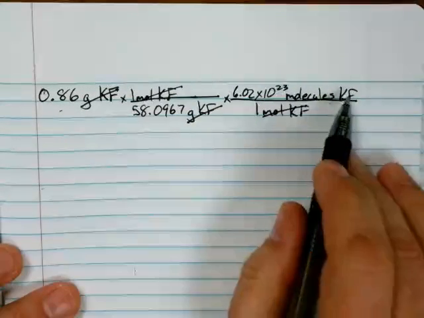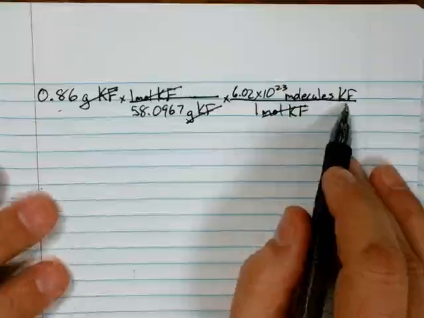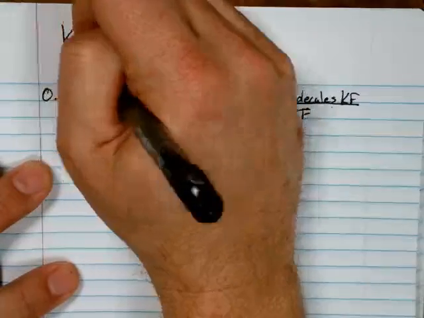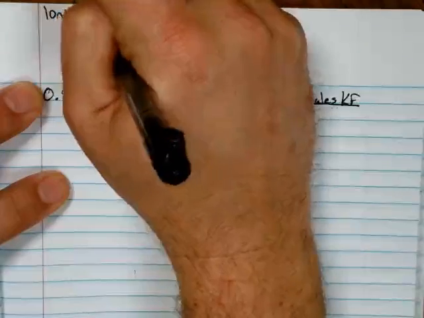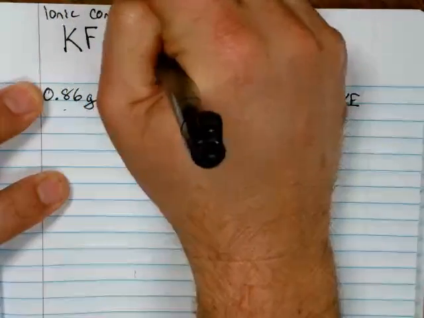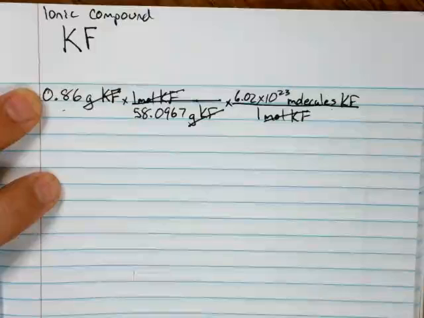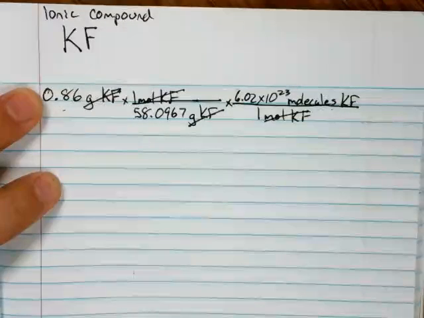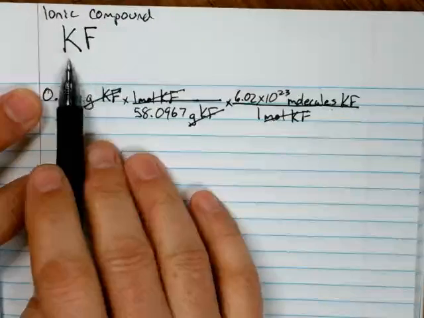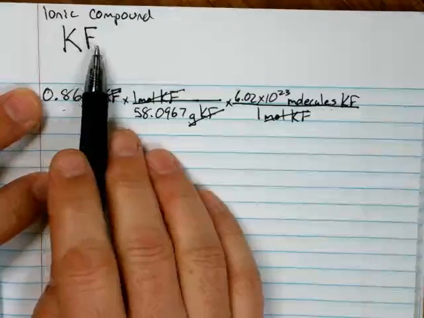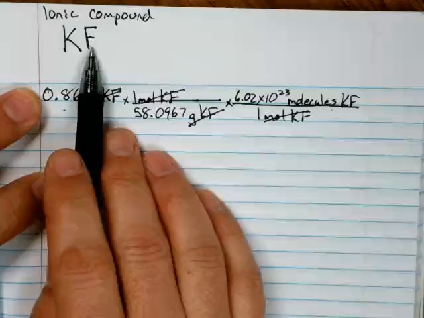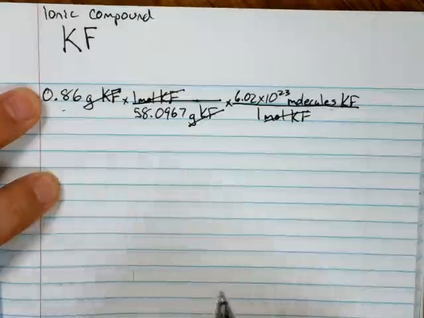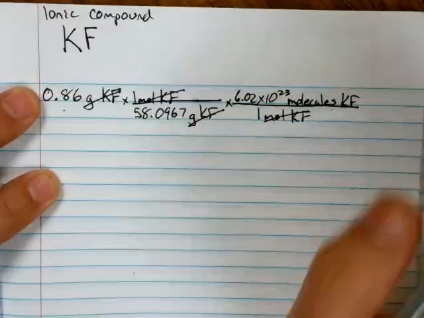Now, potassium fluoride is not an ion. Potassium fluoride is an ionic compound. How do we know it's an ionic compound? Metal bonded to nonmetal. So that's how we know this is an ionic compound. What happens to an ionic compound when you add water?